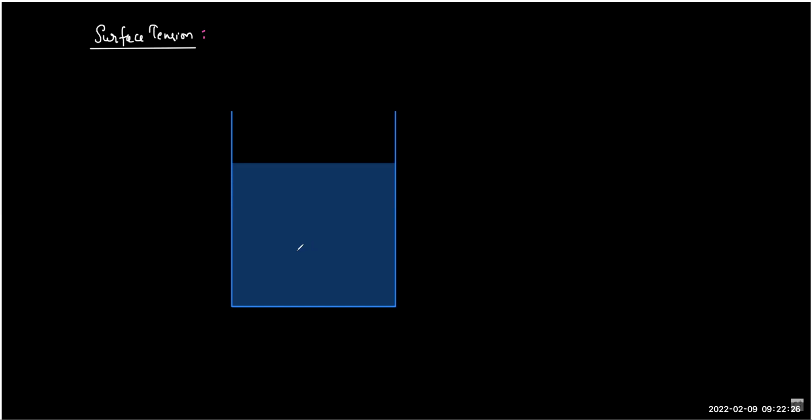What is interesting is that the surface is not exactly a surface. What we mean by surface is actually quite different from your perception. What you call a surface is itself a volume.